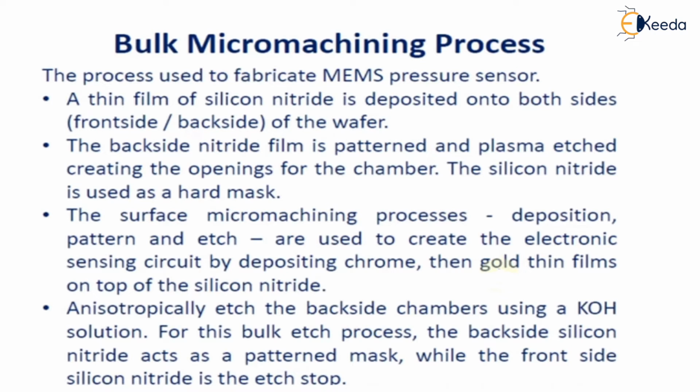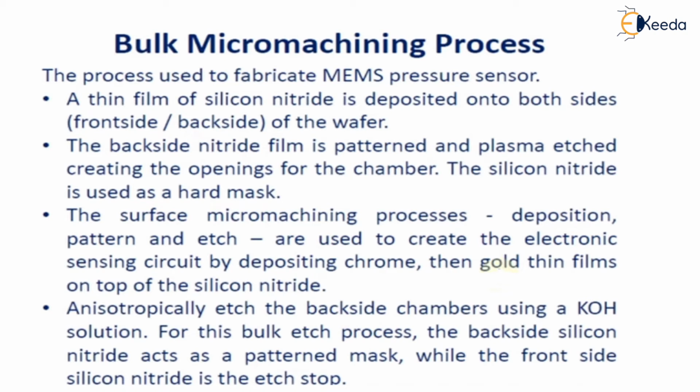The silicon nitride is used as a hard mask, and the surface micromachining process, that is deposition, pattern, and etch, is used to create an electronic sensing circuit by depositing chrome, then gold thin films on top of the silicon nitride. Anisotropically etch the backside chambers using a KOH solution for the bulk etch process.